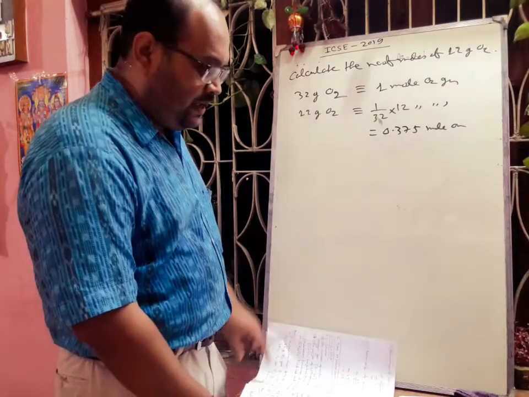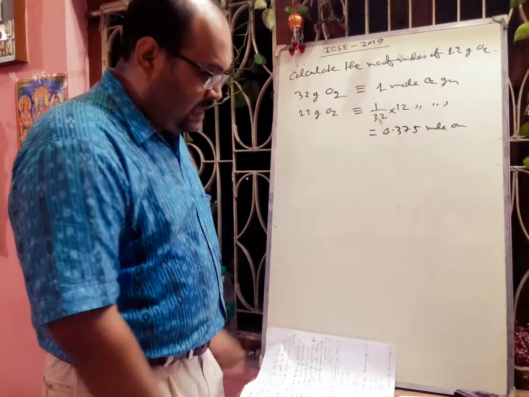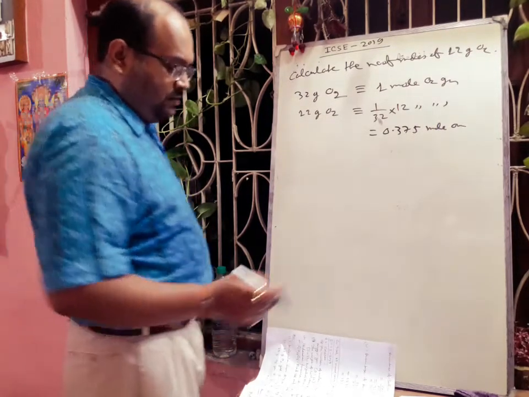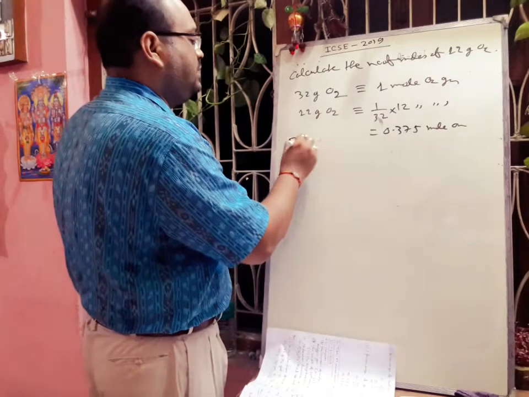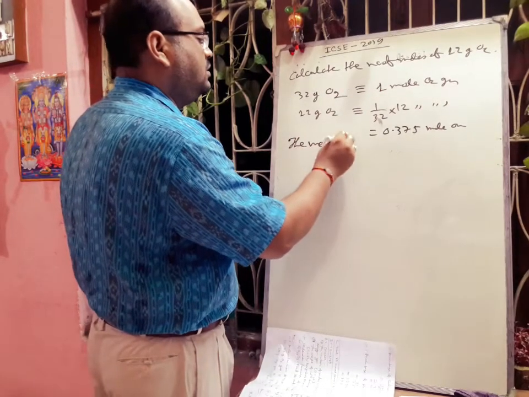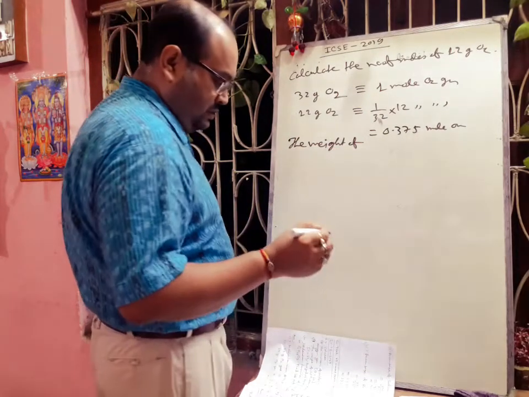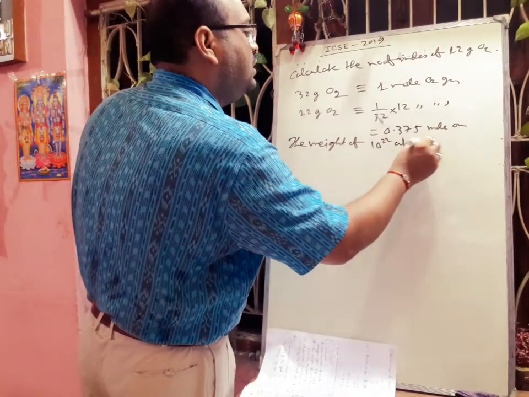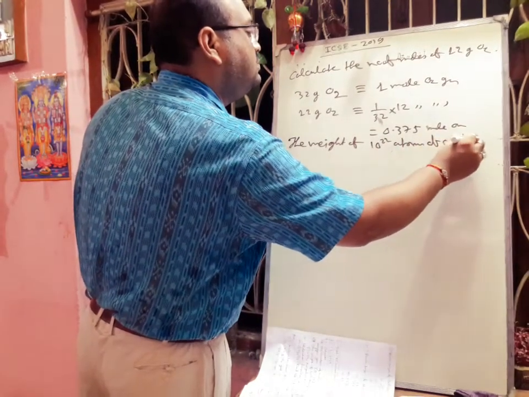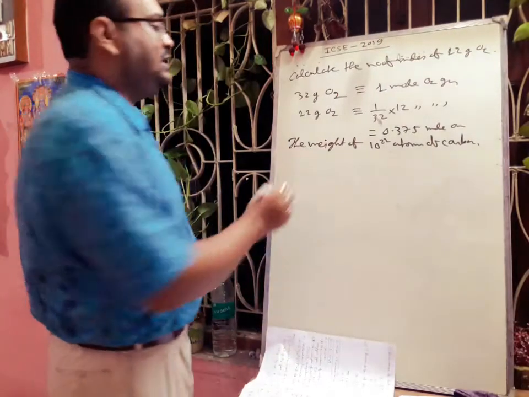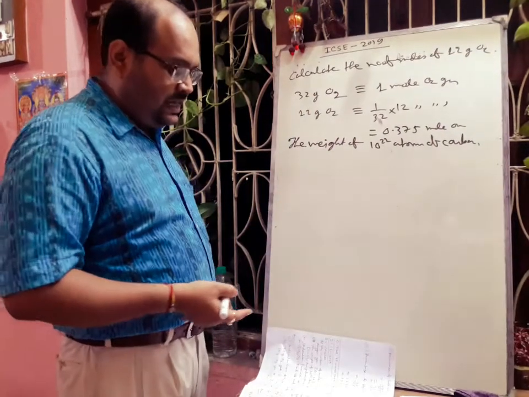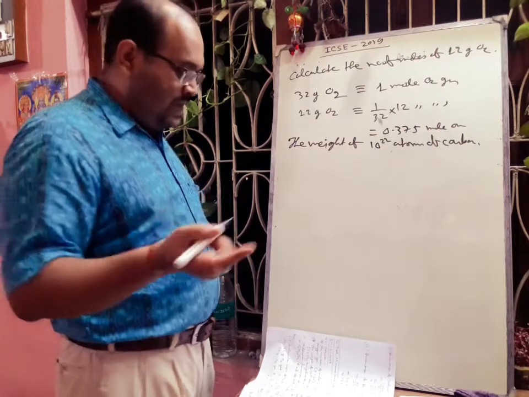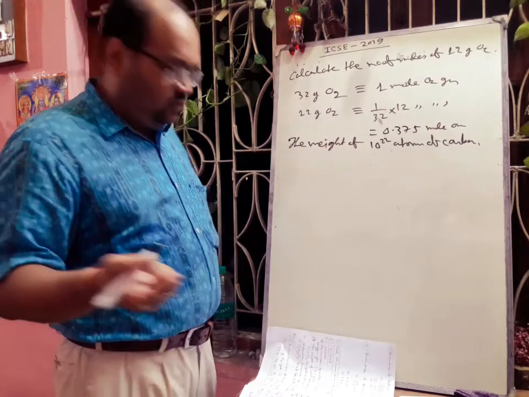Next question in this year is the weight of 10 to the power 22 atoms of carbon. In your question it is given to take Avogadro's number 6 into 10 to the power 23 and the atomic mass of carbon 12.